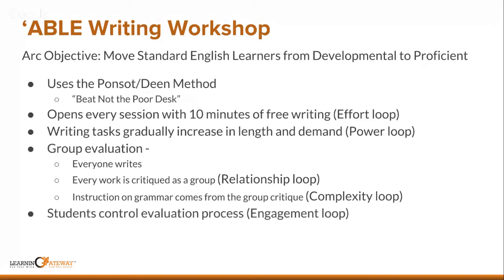Students control the evaluation process. They determine when they are going to present something or submit something for group evaluation. They also get to choose when it's submitted for formal evaluation to the instructor.